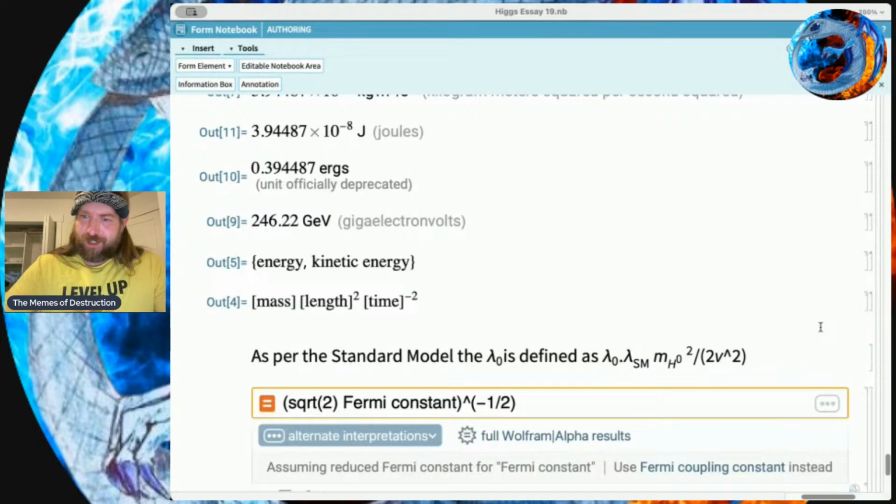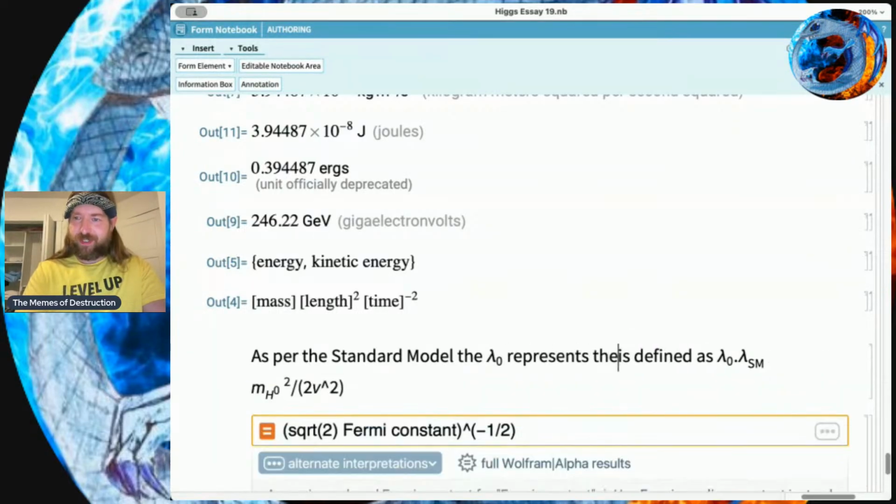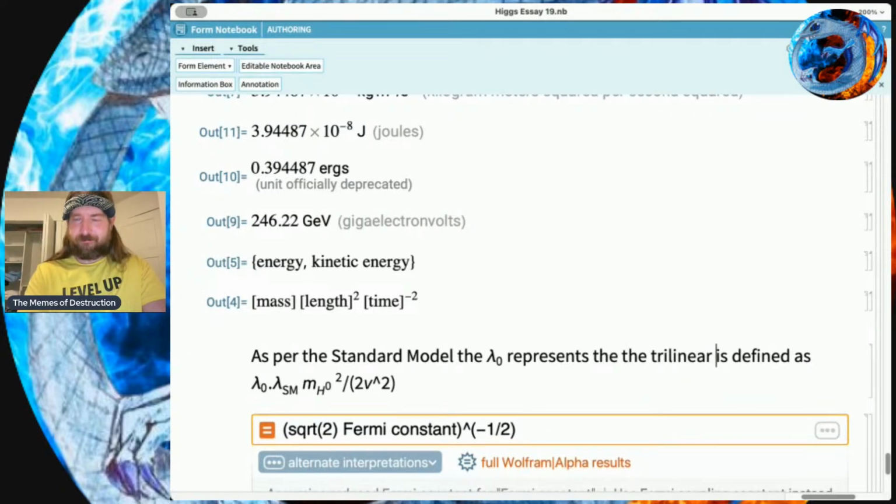Stands for the trilinear and quartic self-couplings, presents the... I don't know enough about that.